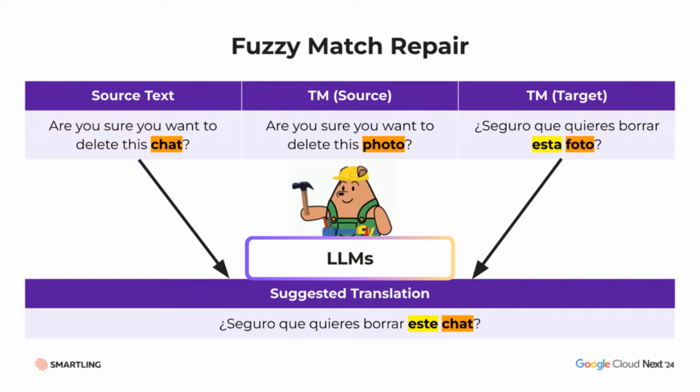So where we're using Google models is if you have a source text that is drifting, here we just have one word, right? We have chat instead of photo. That's drifting away from the previous source. We actually elevate this fuzzy match and bring the target close to the new source. So subsequently, your leverage of your previous content significantly goes up. So that's one application of the Google Palm model in our platform.